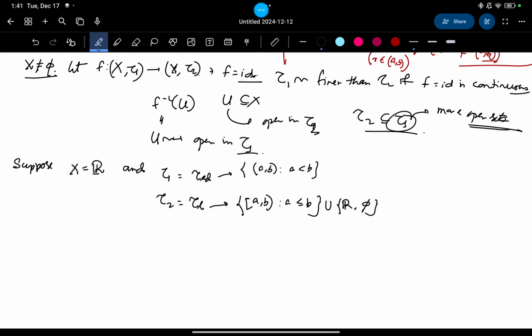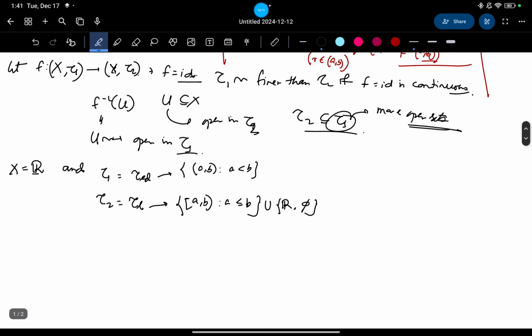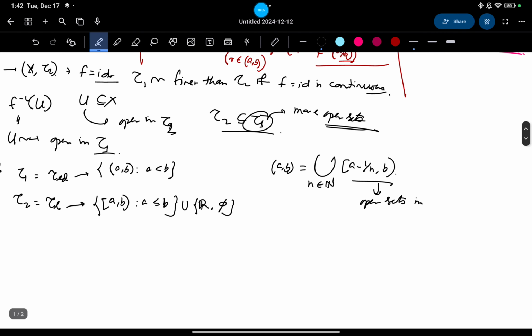All right. So you must see that every open set (a, b) can be written as the union over all n belonging to the natural numbers of [a - 1/n, b). So in fact, these are open sets in (R, tau L), and this entire union is open in (R, tau E), the Euclidean topology.